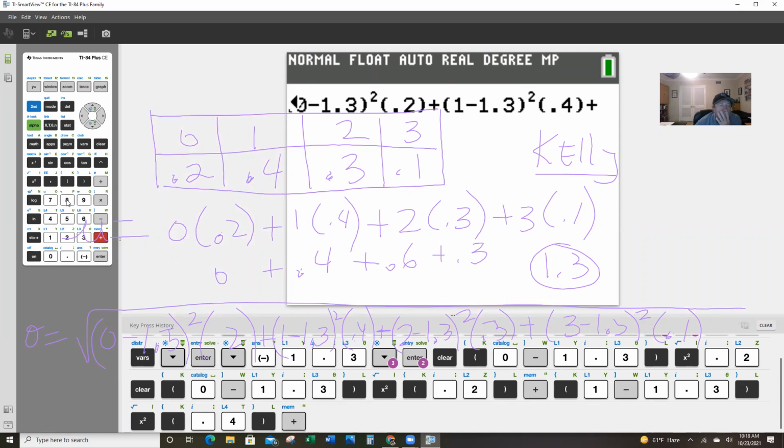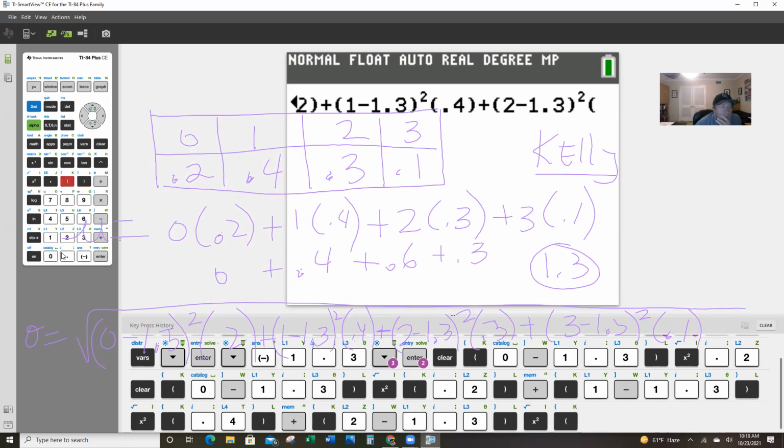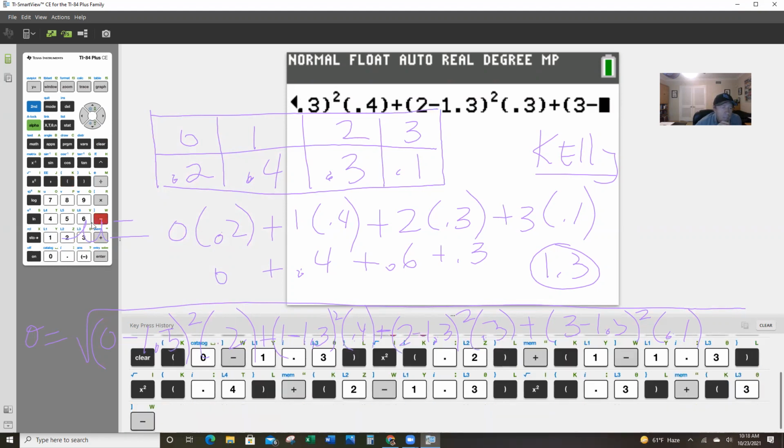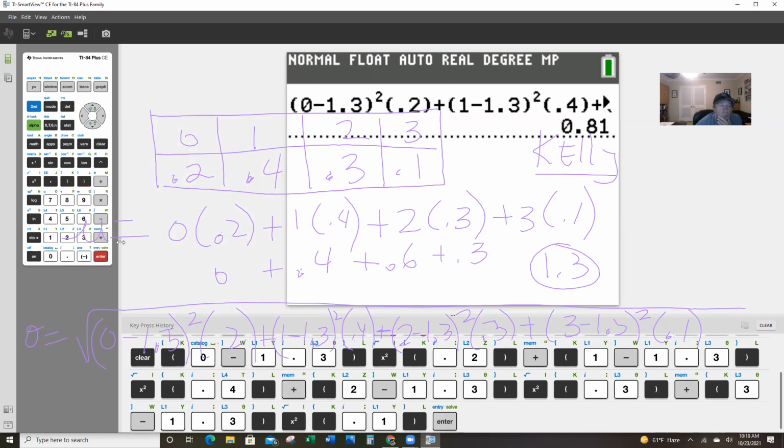Plus parentheses 2 minus 1.3 parentheses squared times 0.3 plus parentheses 3 minus 1.3 squared times 0.1. Takes some time to do this, huh? And I'm going to square root that.